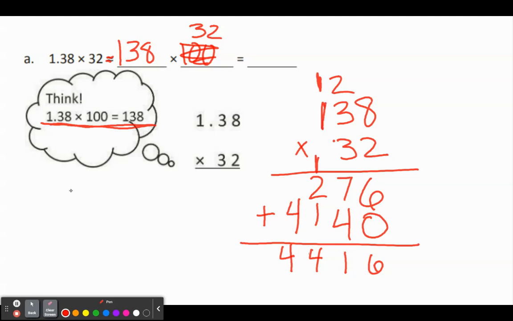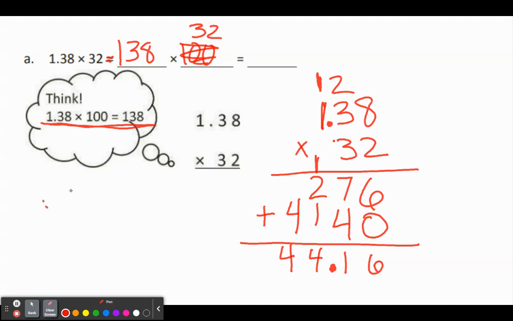But we multiplied our 138 by 100. So now we have to divide 4,416 by 100 to make sure that we go back to 1.38 times 32. I'm going to move everything over to place values because we have to move it back to where it was. So my answer is going to be 44.16.